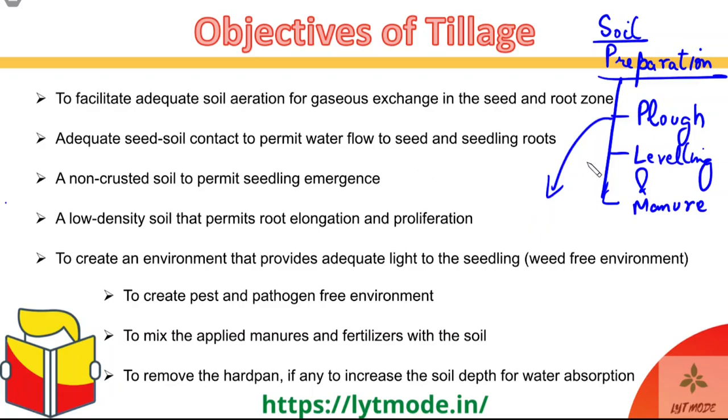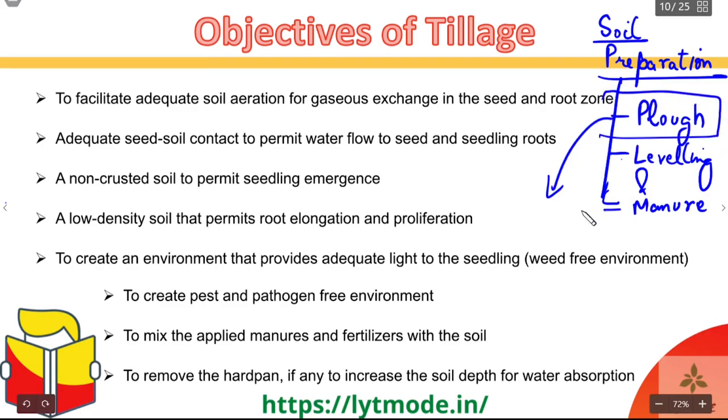You level the field so that the irrigation water does not go towards one side or get logged, or you ensure the leveling is equal in the field, or according to how you want the water to go when irrigation is done. Manuring is something that we'll discuss later when we talk about fertilizers, so you don't need to think about it right now. Right now, plowing is the important aspect for your exam.